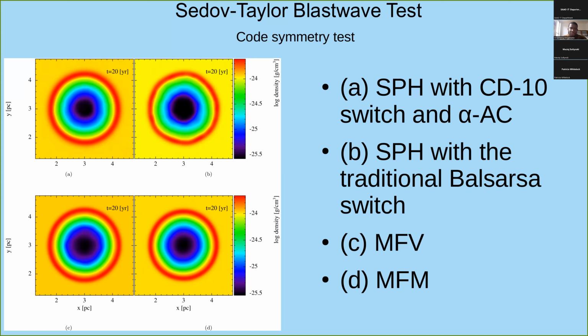But here, because of this unstable shock expansion, it's not really ideal for our modeling purposes. And this is for MFV and MFM, and as you can see, they are behaving really well when it comes to symmetry, and that has been shown in other quantities too, where they are very robust in capturing shocks and modeling the shock jump conditions.